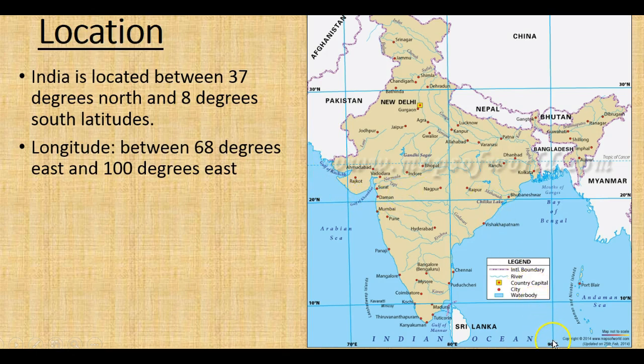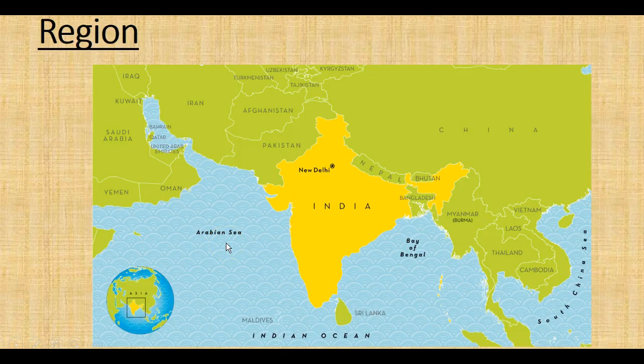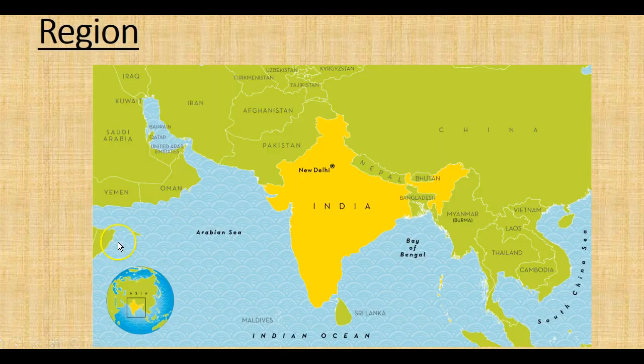So here's our 90. And if we could see another line, we could guesstimate that it would be 100 degrees east.